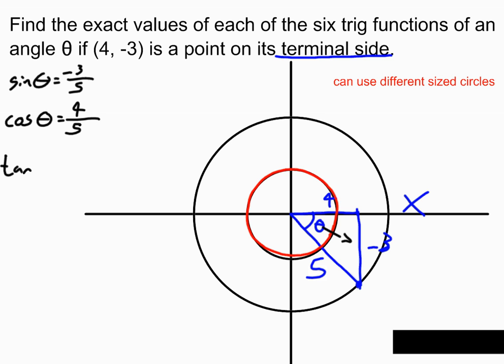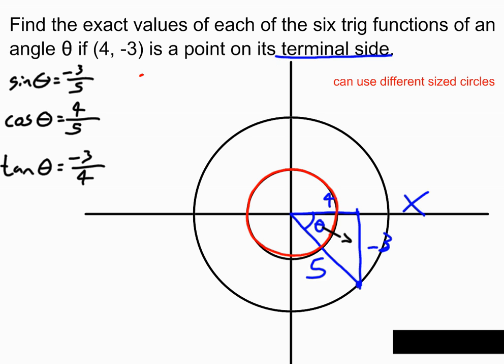Tangent of theta, opposite over adjacent. It works out really well that we can just find our reciprocals by flipping them. And it's nice because we have all integer values here, so we don't have to worry about rationalizing.